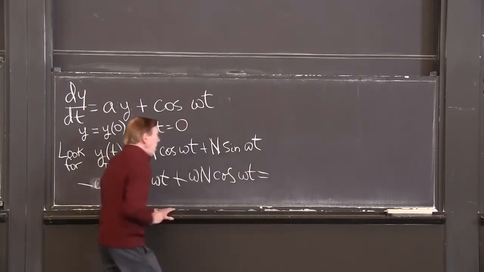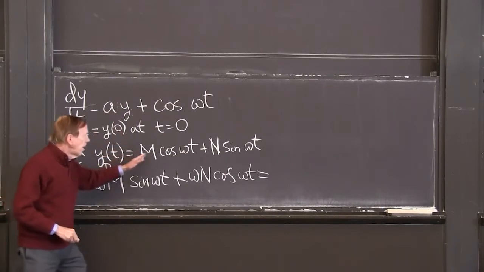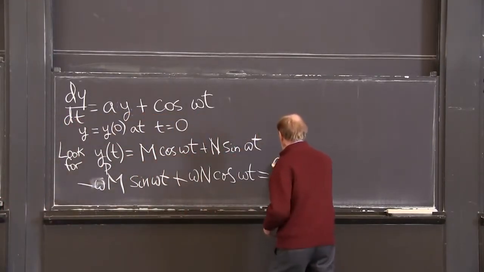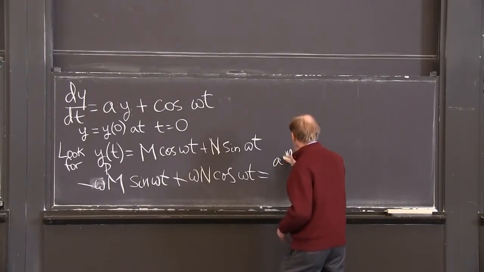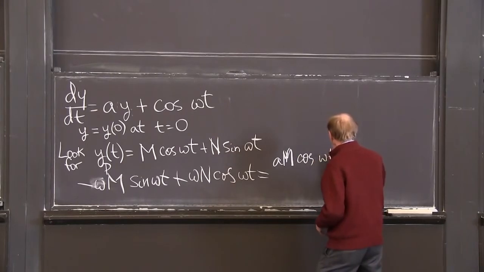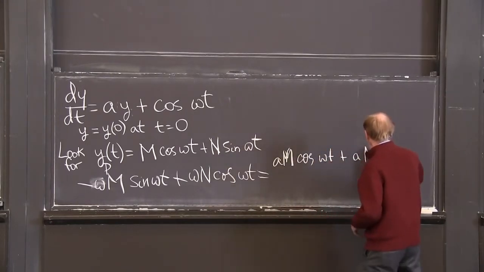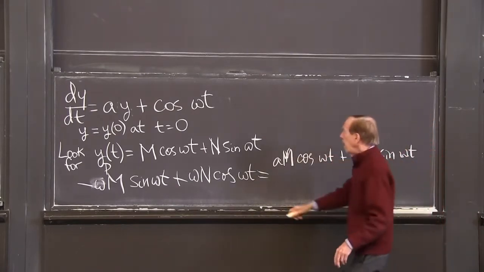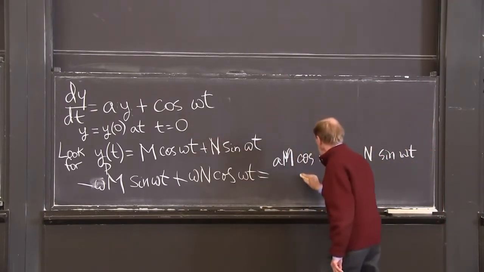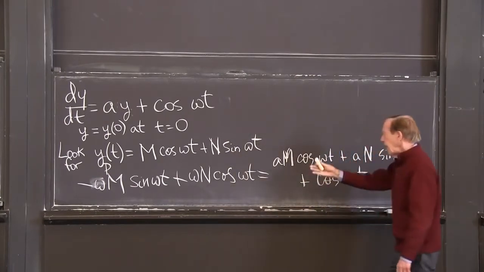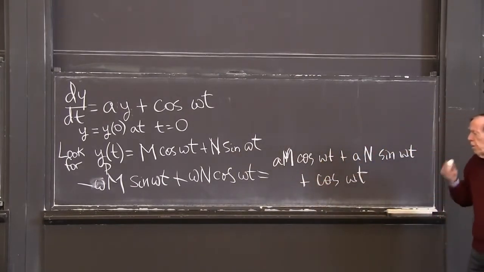And that should equal a times y. There's y. So I just multiply by a: am cosine omega t and an sine omega t. That's the ay part. And now I have the source term, plus cosine omega t. And that has to be true for all time.